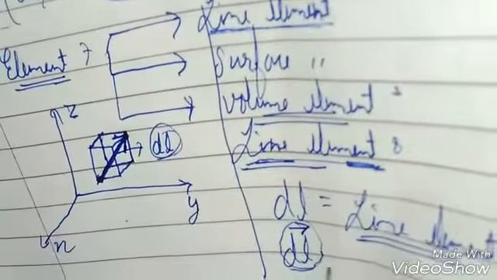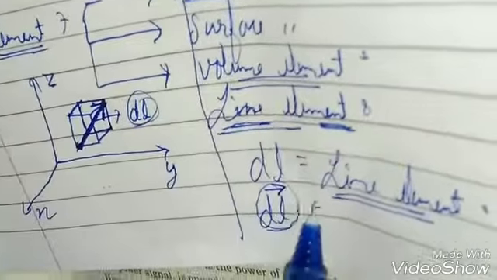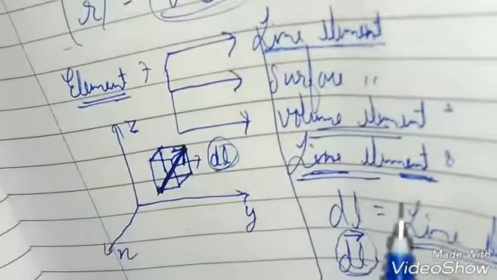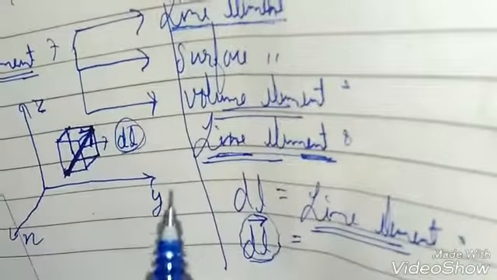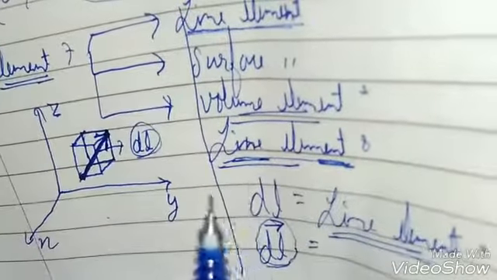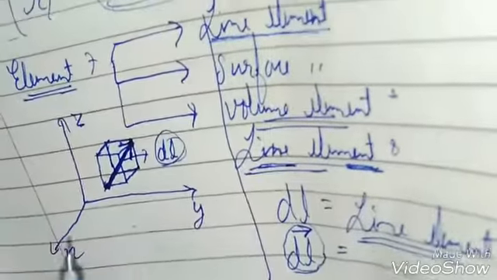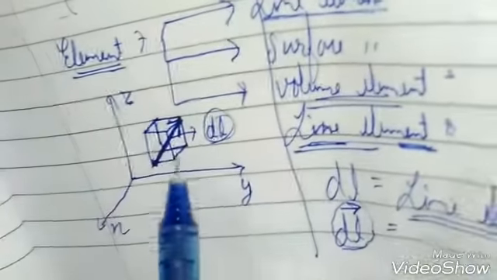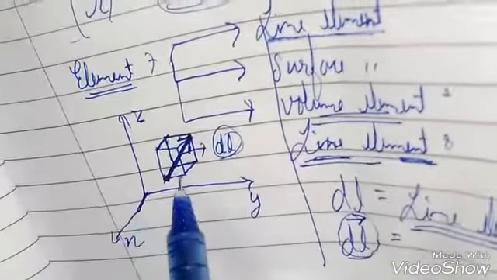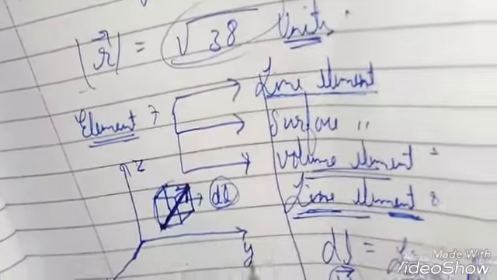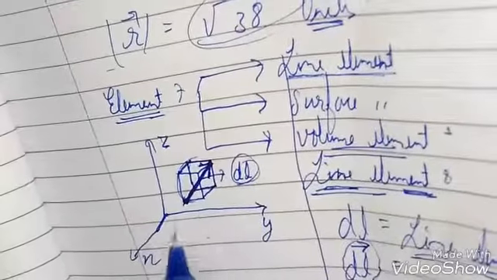Now we want to write an expression for this dl vector. As we wrote the expression for the position vector earlier, in a similar manner we will write the expression for this dl vector. Let us assume the length traced along x-axis by this cube is equal to dx.